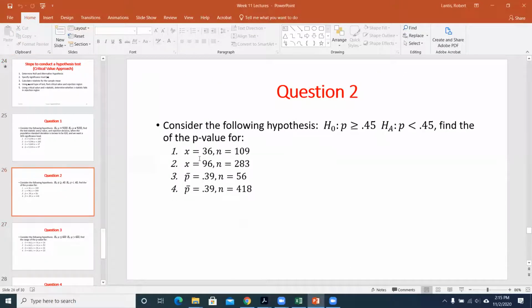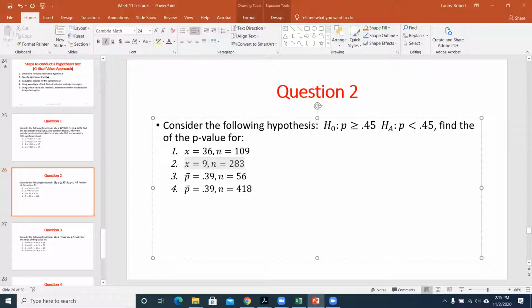if I try to figure out what the sample proportion is, so 96 over 283, well, I think I did this in the earlier one. Let's change this to 94. So if you do 94 over 283, you get almost the exact same sample proportion of 0.33, okay?